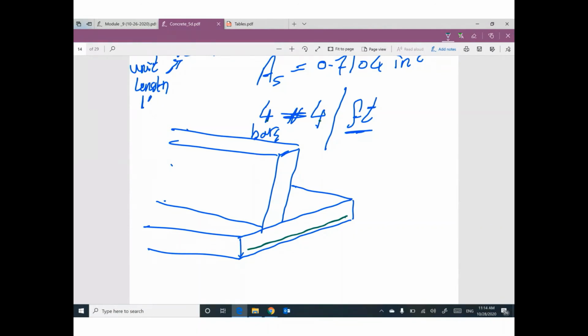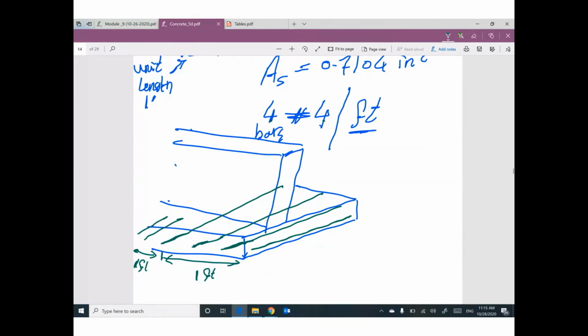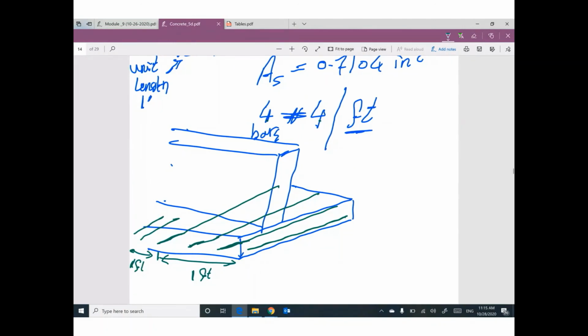So if you have a length here 1 feet, you should have 4 bars. The next 1 feet, you should have another 4 bars. So this is the main reinforcement.